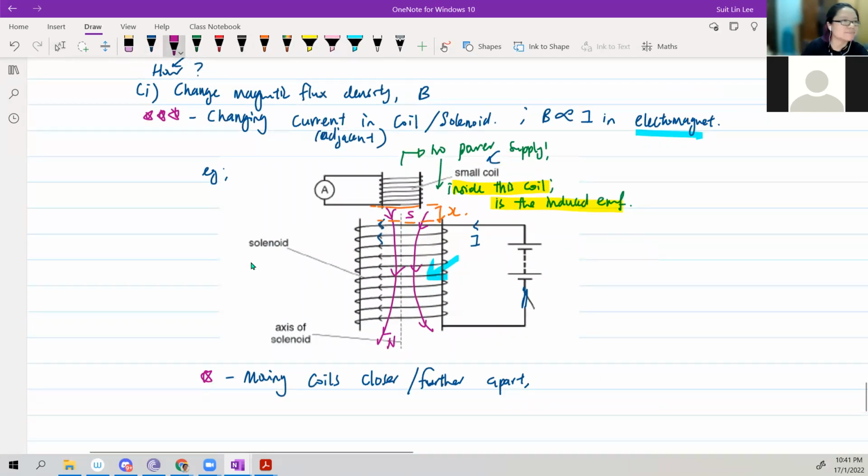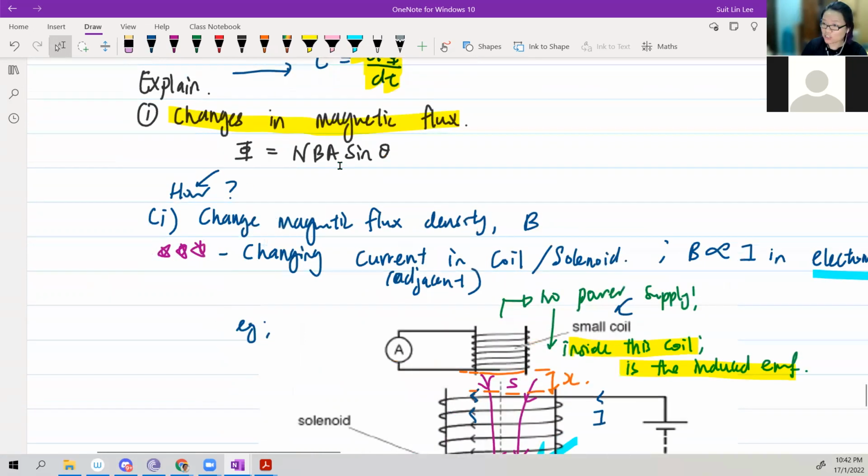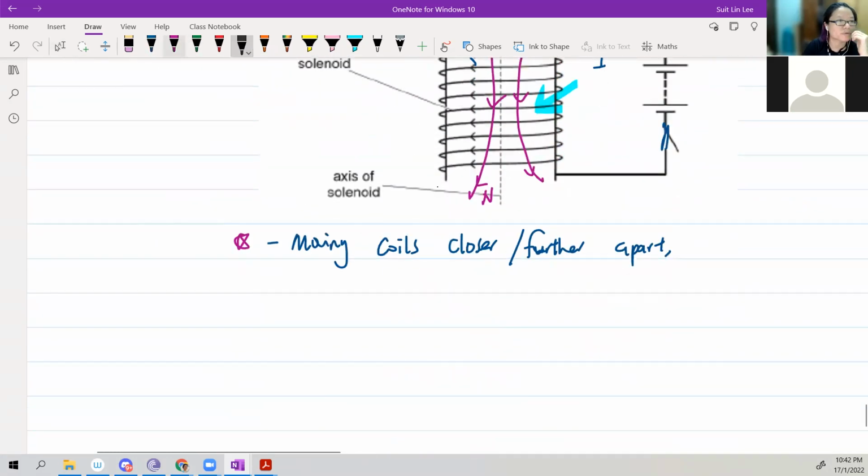Right. Okay. What else can we change? We go back to the equation. We have done B. Can we change the area too? Okay. We can change the area.